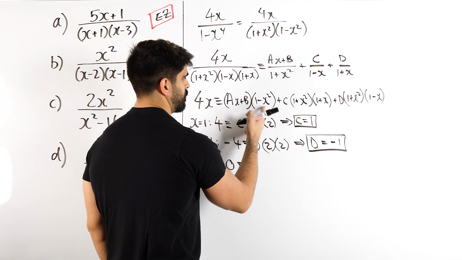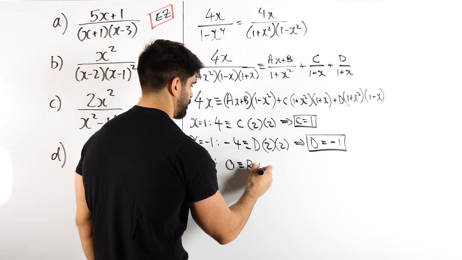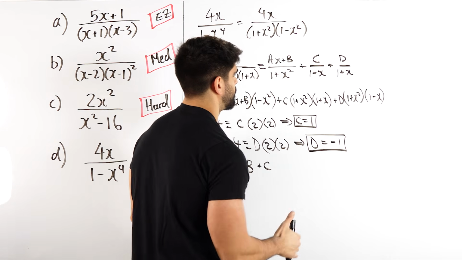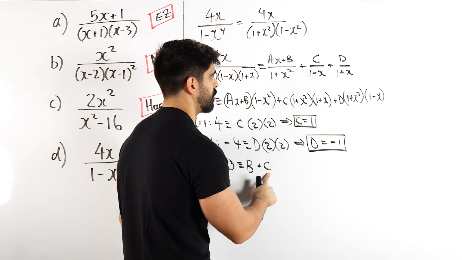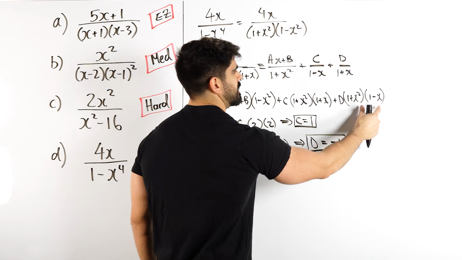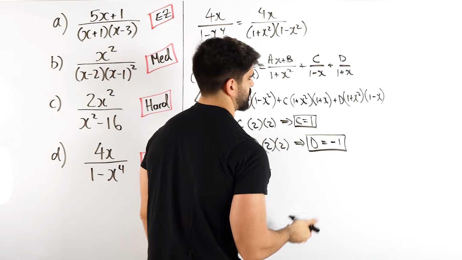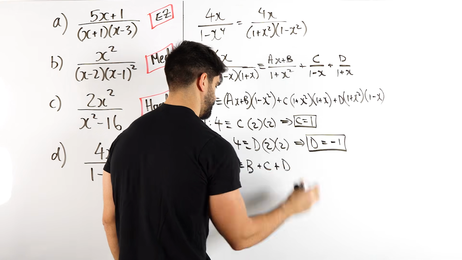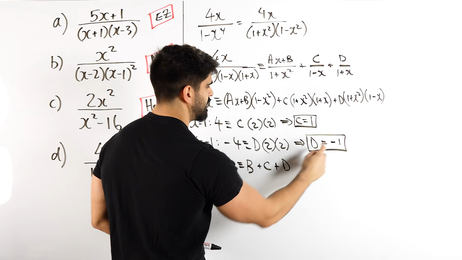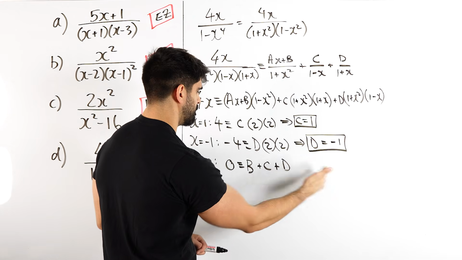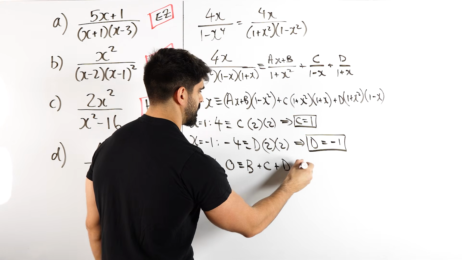Then here, when that's 0, we just get 1. Cool. C lots of 1 times 1 is just c, which I've got. Over here, 1 times 1 is just d then. And c and d are 1 minus 1. 1 minus 1 is 0. Bang. B is 0. Nice.